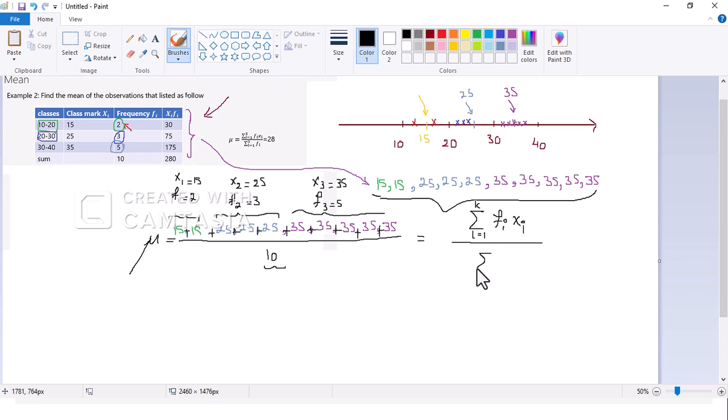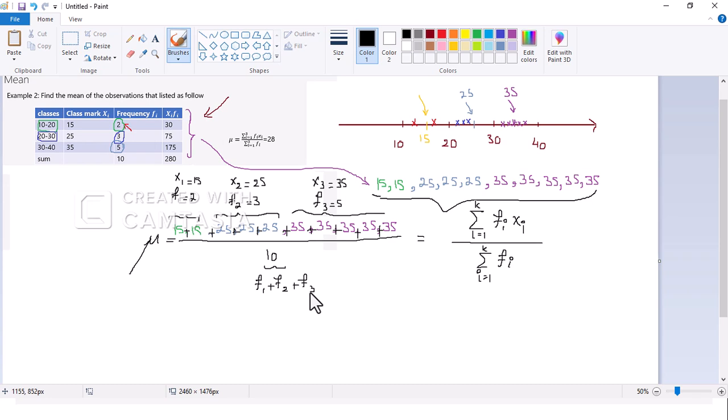This 10 is the summation of fi, the sum of the frequencies, where i starts from 1 up to k, the number of classes. So this 10 is the addition of f1, which is 2, plus f2, the second frequency, which is 3, and the third frequency, which is 5. If you add them together, 2 plus 3 plus 5 is equal to 10.